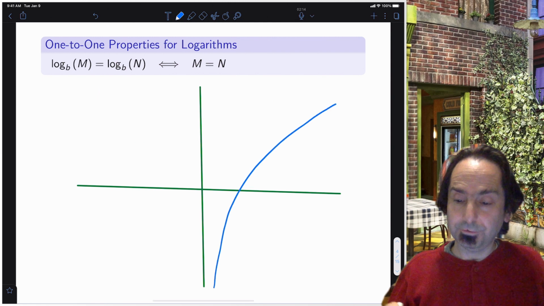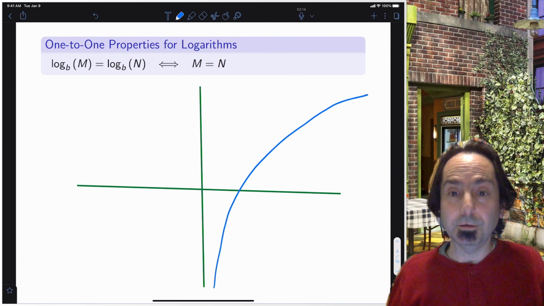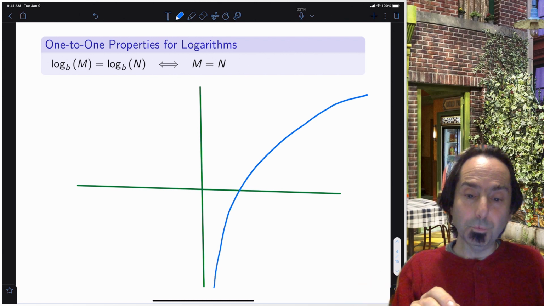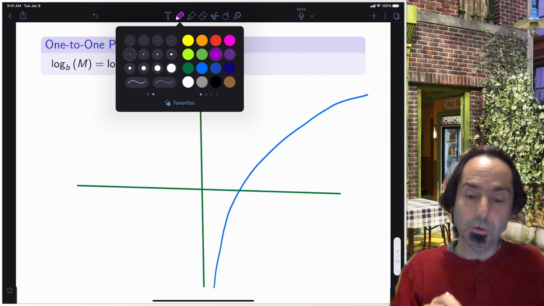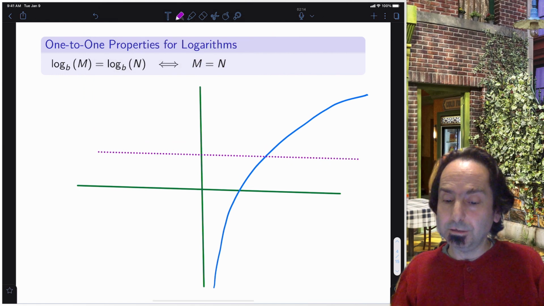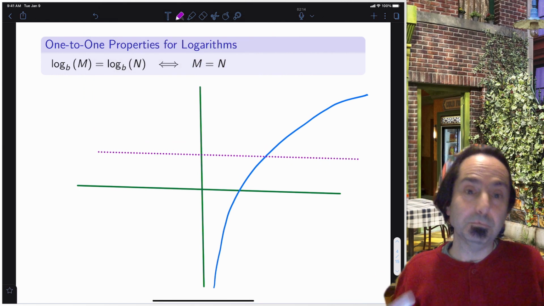It looks like this. If b is bigger than 1, it looks like this. If b is less than 1, it'll be a vertical reflection. But we're just asking, does this pass the horizontal line test? Well, yes, it does. Here's a horizontal line. It only crosses the function one time.